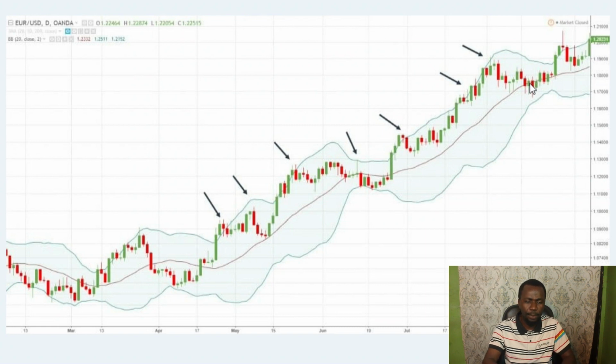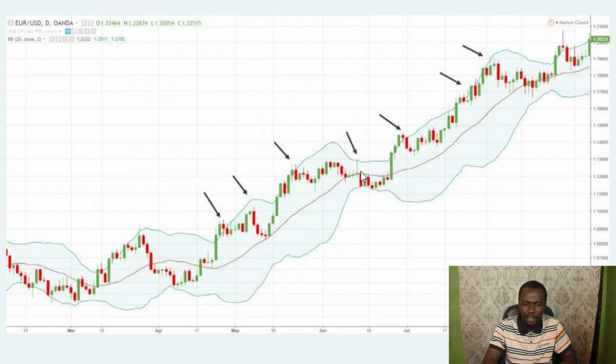So this is an example of how an uptrend looks like in a Bollinger band. Once you sight this type of market, you know that you are only meant to trade in the direction of the market, which tells you the market is clearly in an uptrend. So where you place your trade is at the middle band, which is the simple moving average, right?